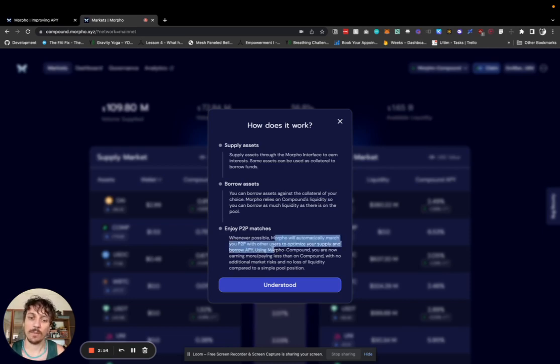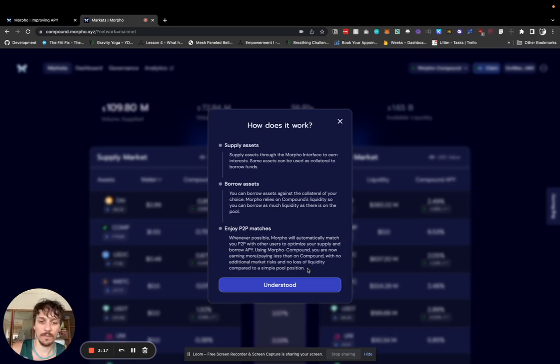Where possible, Morpho will automatically match your P2P with other users to optimize your supply and borrow APY. Using Morpho Compound, you are now earning more, paying less than on Compound, with no additional market risk and no loss of liquidity compared to simple pool position. I really like that, to be honest.